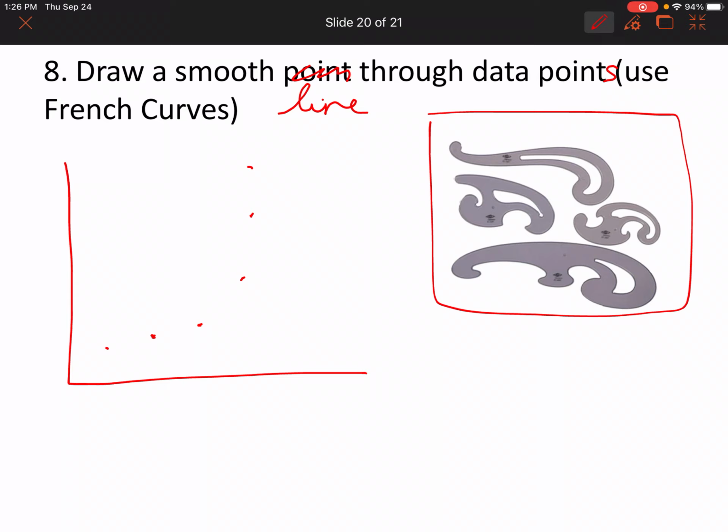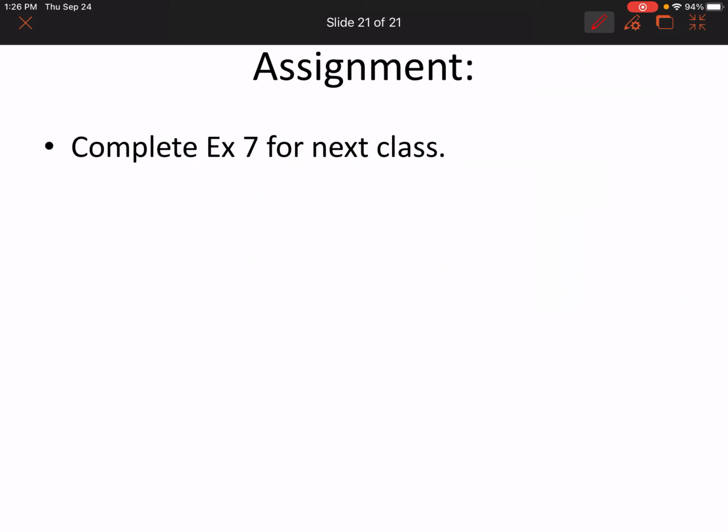Obviously I'm on my iPad here, I can't do it, but in class I'll show you how to use these smooth curves, and basically you just maneuver them so that you can draw a nice smooth curve. Now, some people are really good at freehanding, and quite honestly this one isn't so bad, but you get a nicer curve if you use these, and I'll show that to you in class.